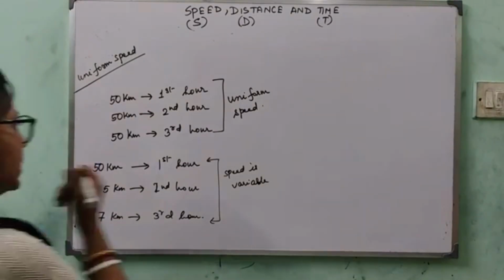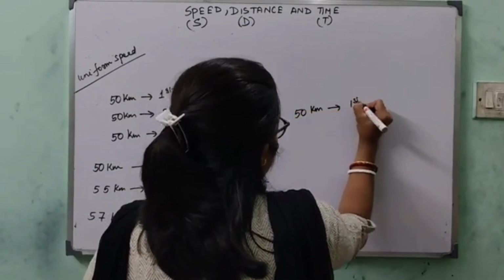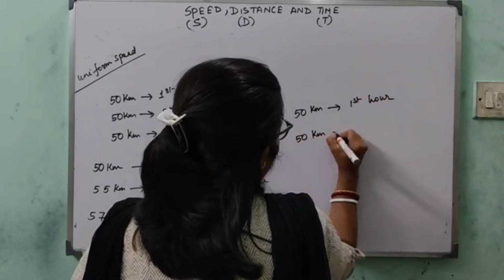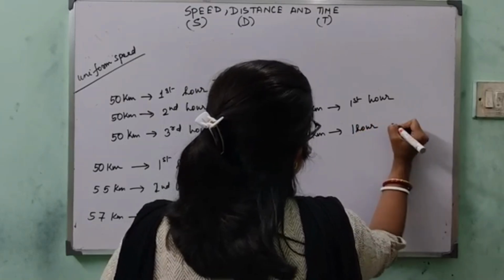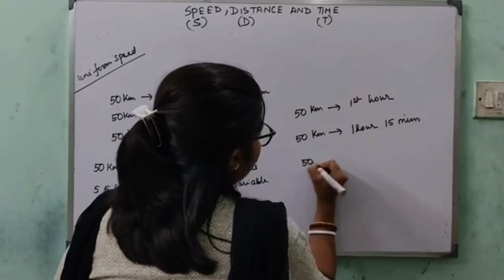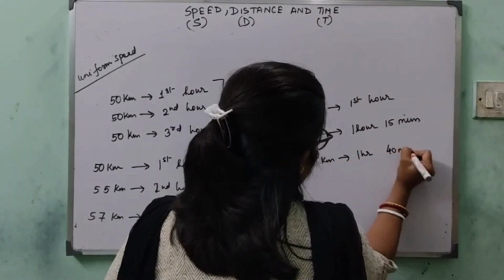Similarly, if I see that the body covers 50 kilometers in the first hour, it covers 50 kilometers in the next 1 hour 15 minutes, then it covers 50 kilometers in 1 hour 40 minutes.